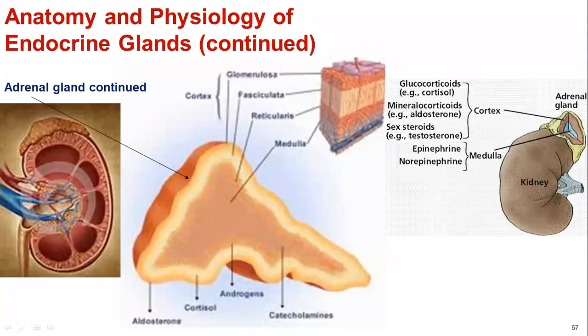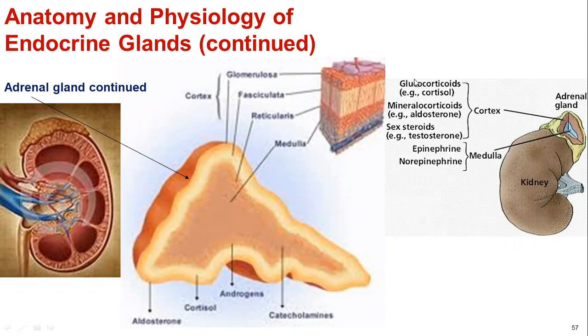If any tumor occurred in the medulla and secretion of the medulla increases, meaning epinephrine increases and norepinephrine increases, the patient suffers from malignant hypertension and headache, and this is called pheochromocytoma.